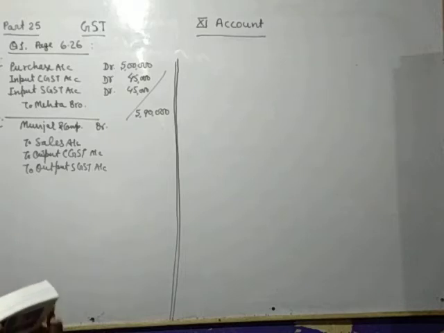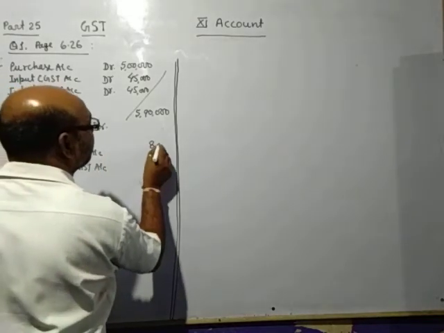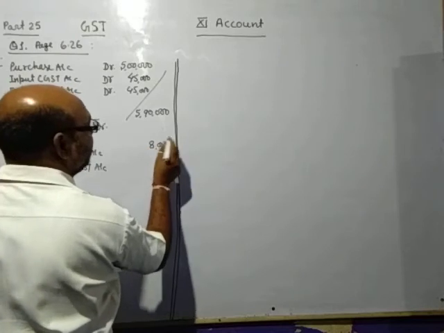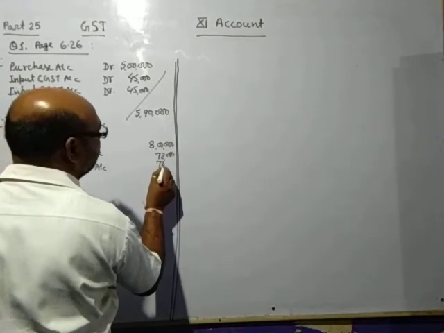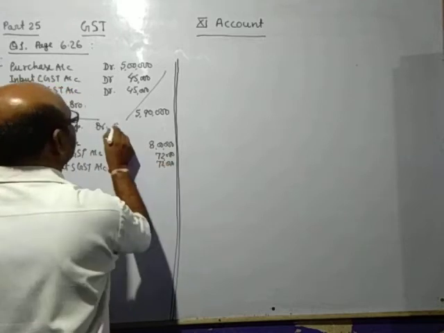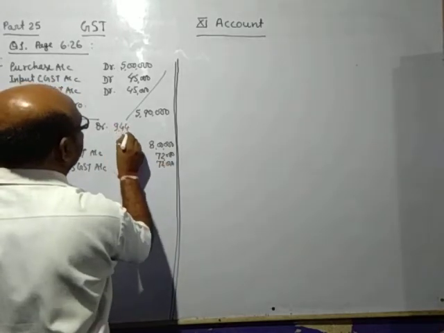Amount of sale is 8 lakhs. GST rate 9%, that is 72,000. So 9 lakhs 44,000.